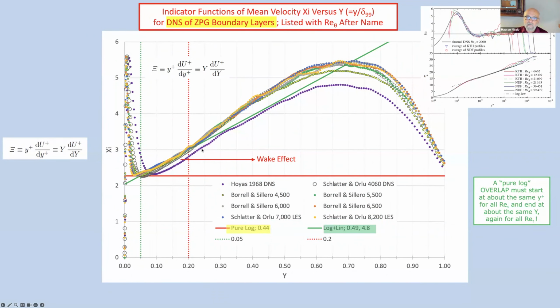When it's low Reynolds number, you can see it doesn't get to agree, but once you get to about 1,000, these values all agree, and they give you a value of 0.49 for kappa and 4.8 for the slope. So this is not zero.